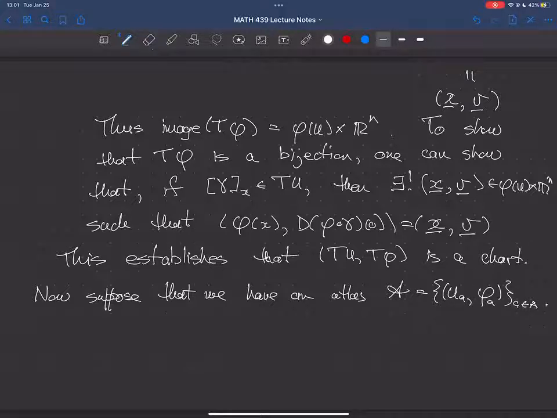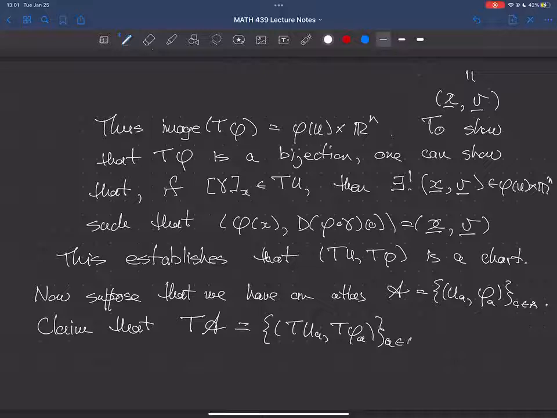We claim that TA, which is just the T's of all of these things, is an atlas.